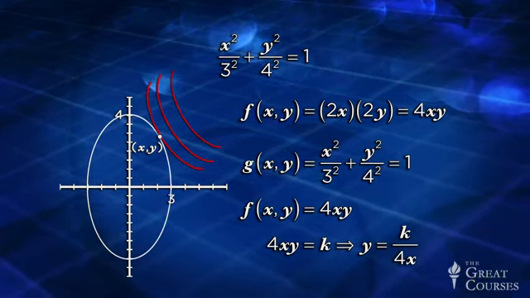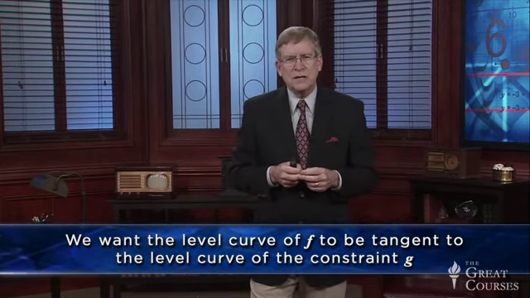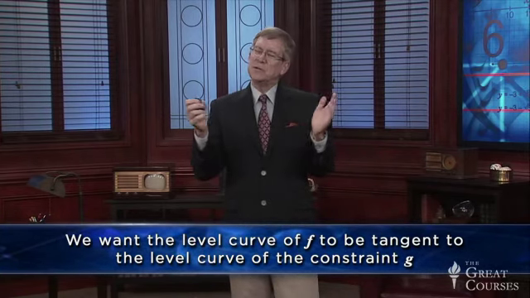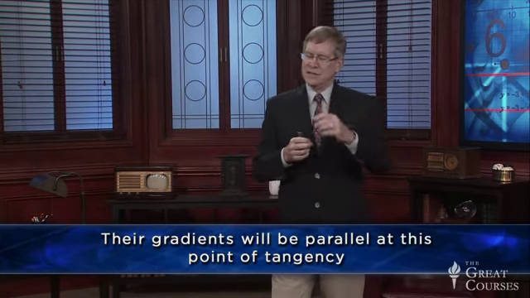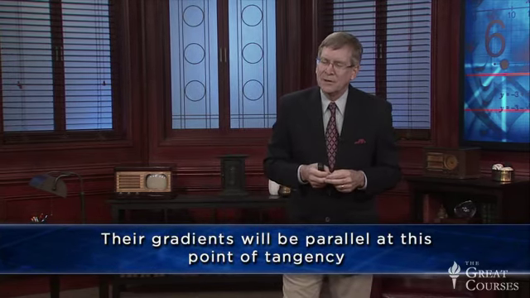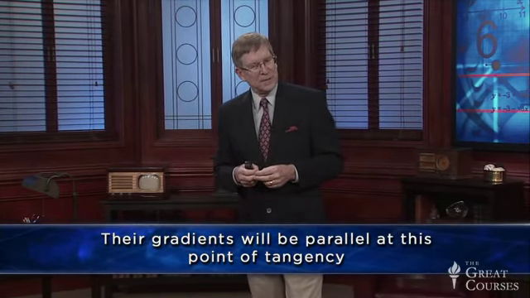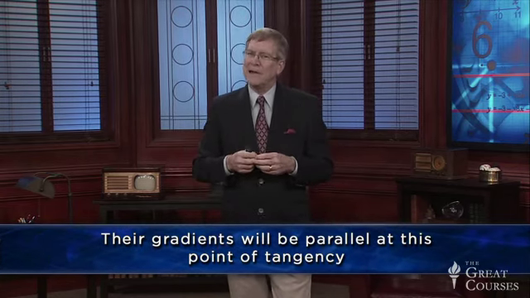In other words, we want the level curve of f to be tangent to the level curve of the constraint g. Well, here's the key. If these two level curves are tangent to each other, then their gradients will be parallel. Remember, gradients are orthogonal to level curves. So if the level curves are tangent, the gradients will be parallel.